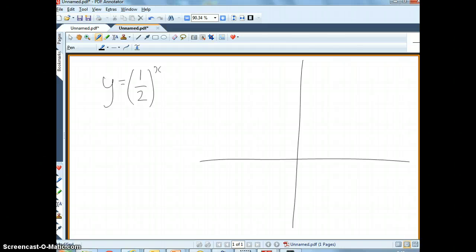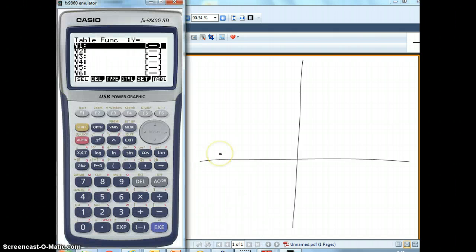y to the power half x, right? Same method, I'm going to choose 5 values of x. They always are -2, -1, 0, 1 and 2. And I'm going to get a little bit clever and use my graphics calculator because I've got one, so why not use it?